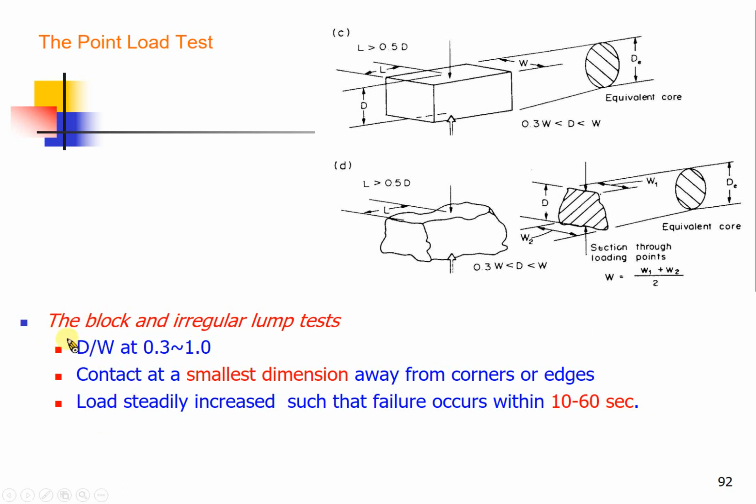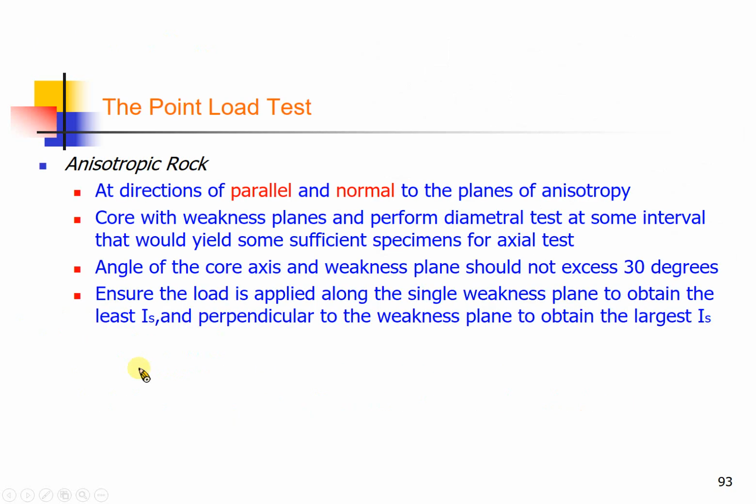So the dimension ratio should not be too large or too small. This will be the influence of the anisotropy. I already mentioned this. So you can apply the test perpendicular to the weak plane or parallel to the weak plane. Okay.